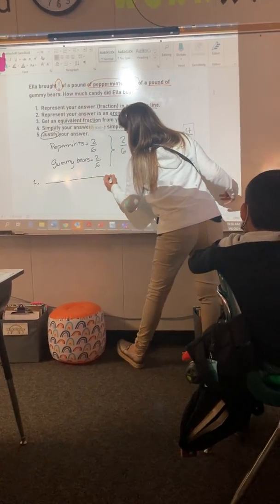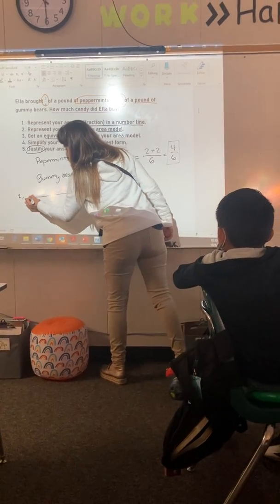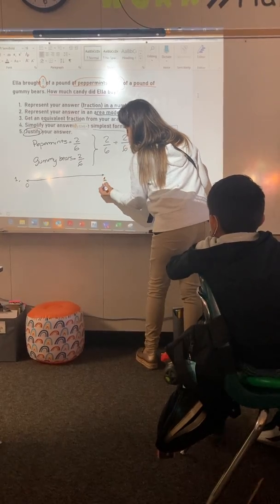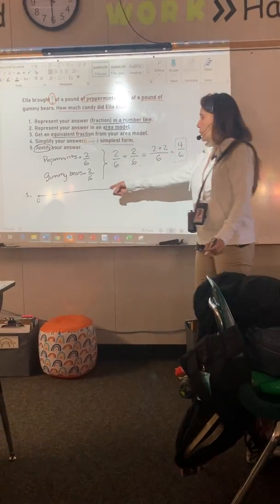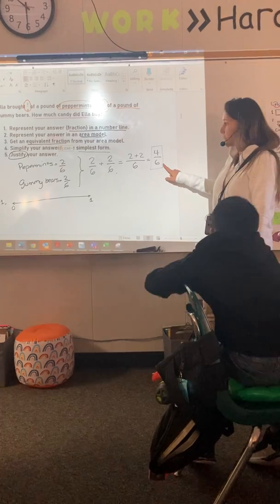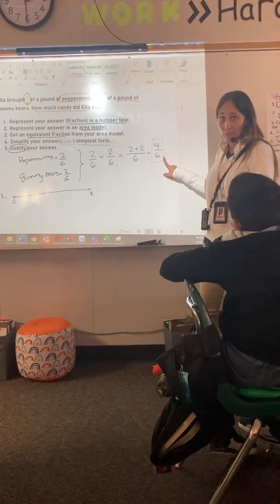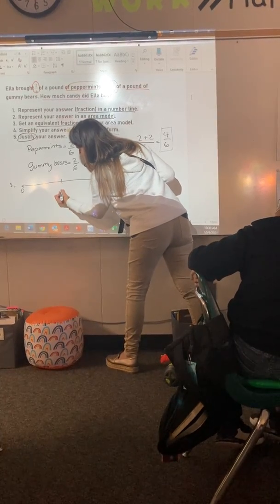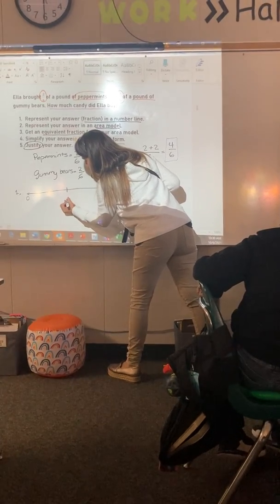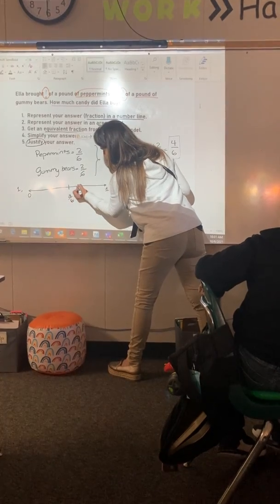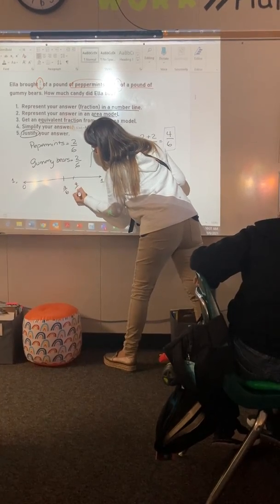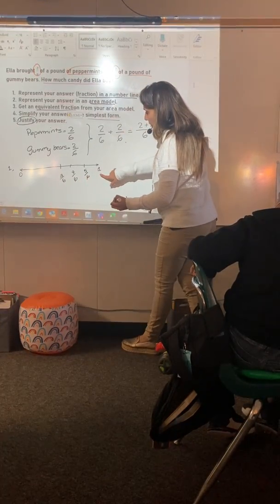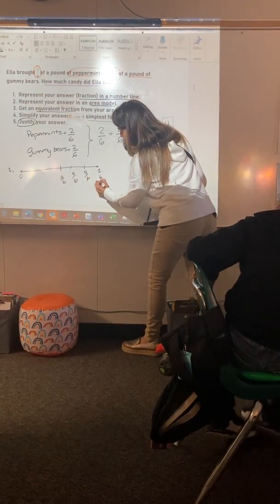So, where does my number line go from? 0 to 1. Okay, because we are going to split this line into how many parts? 6. Okay, so because it's an even number, I can say that halfway is going to be 3/6. So 4/6, 5/6, and what is the whole? 6/6.